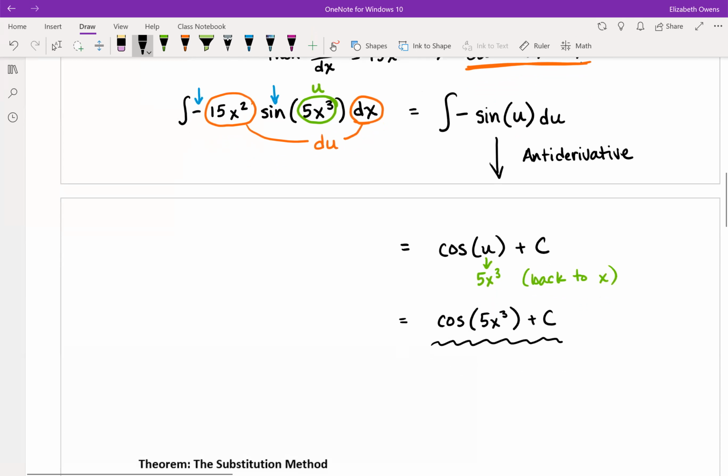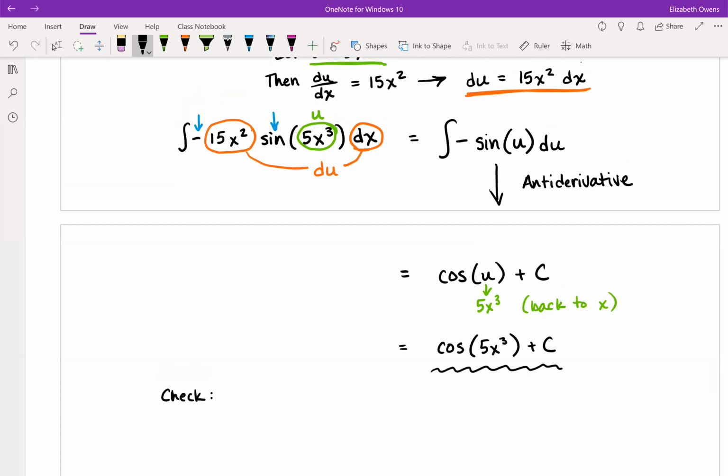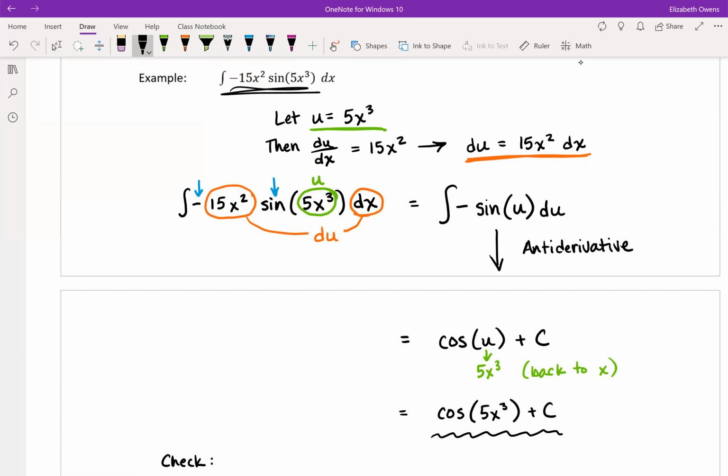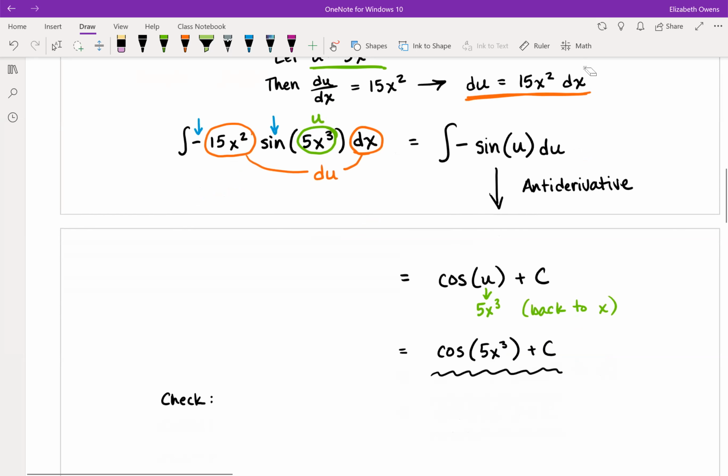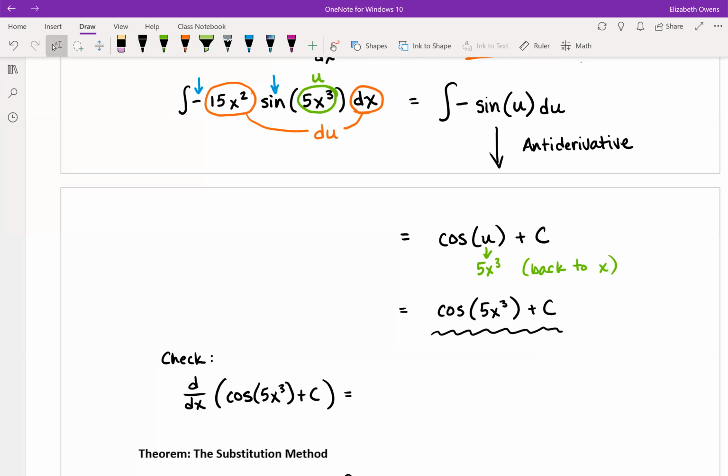And just like any other indefinite integral, you can check this. You can check your answers by taking the derivative, okay, and making sure that you actually get your original integrand back. Okay. So if we're going to take the derivative with respect to x of cosine 5x cubed plus c. All right, we would need a little bit of chain rule on this.